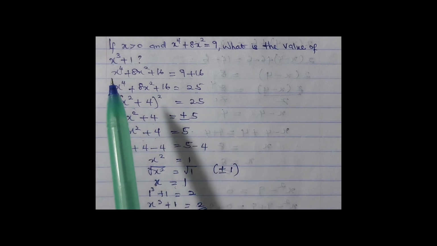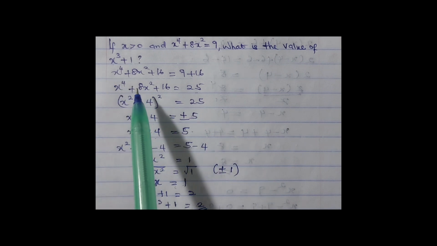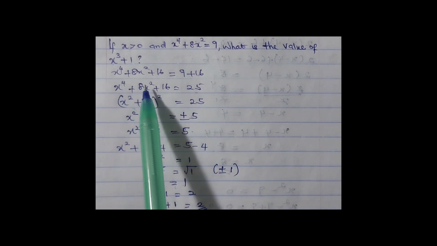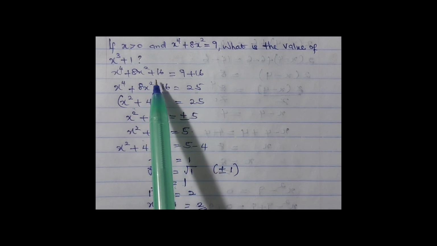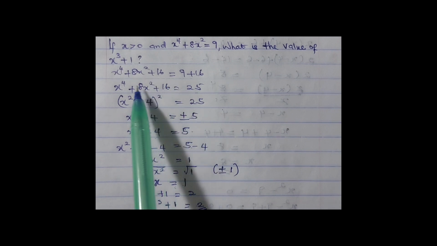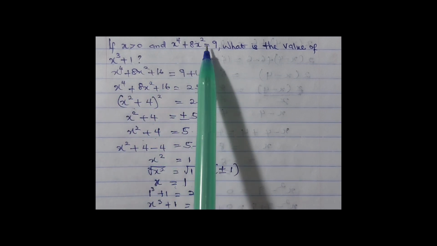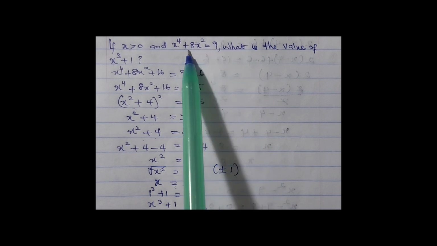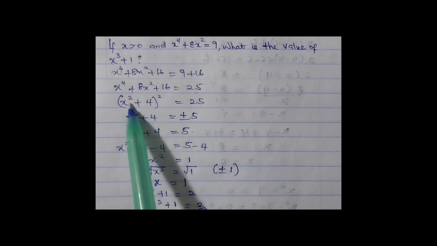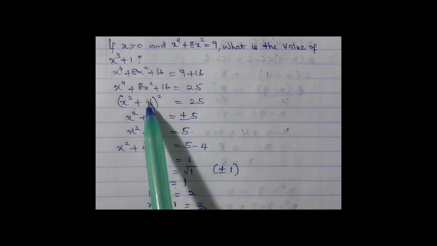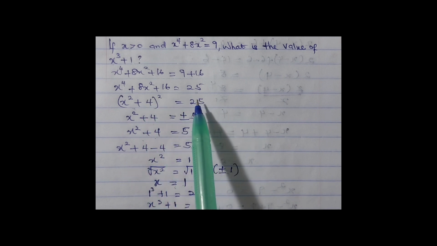Now, looking at the entire question all over again, we will observe that a lot of people miss this completing the square trick in the real SAT question. So like what I did here, by adding 16 to both sides of the equation, we can have a perfect square on the left hand side as well as the right hand side.